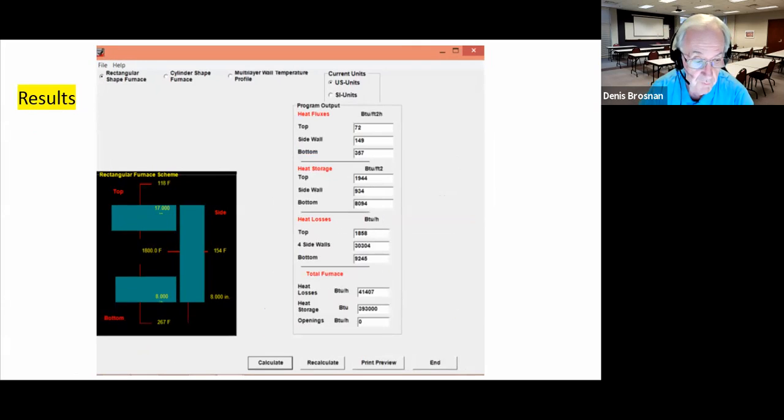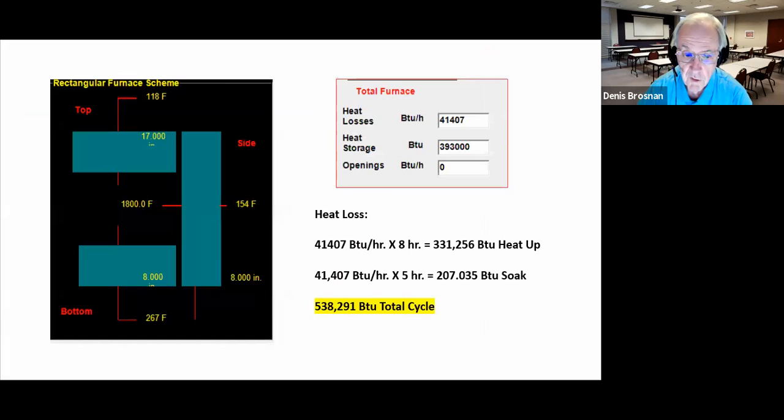Here are the results. The results have predicted everything about the temperatures and everything about the heat fluxes and heat losses. It's a little easier to see when it's magnified like this. So whatever device you're looking on, I hope you can easily see this. But you can see with 17 inches of insulation in the top, we had 118 degrees Fahrenheit, the predicted shell temperature here.